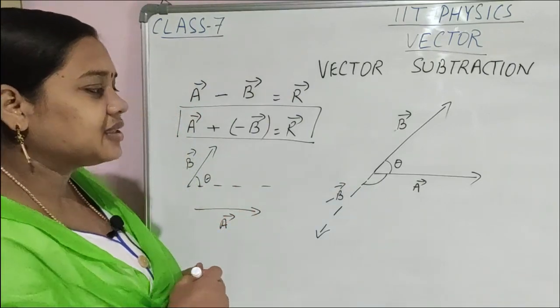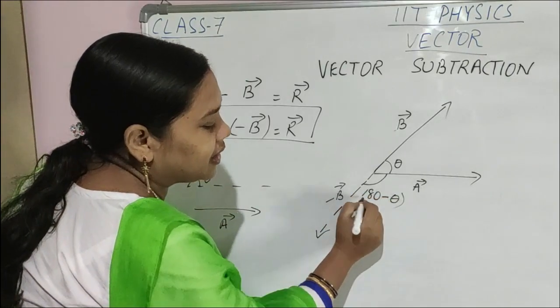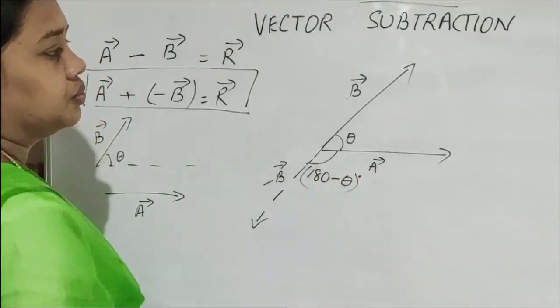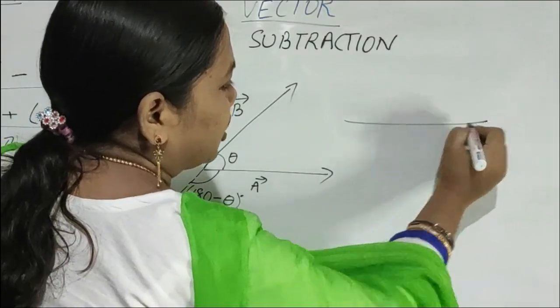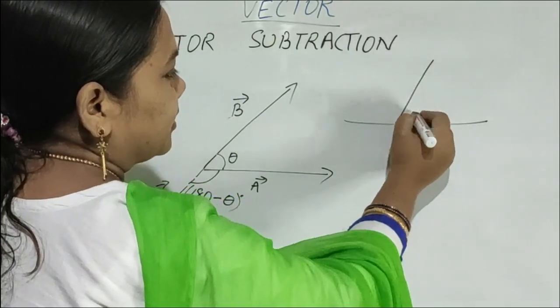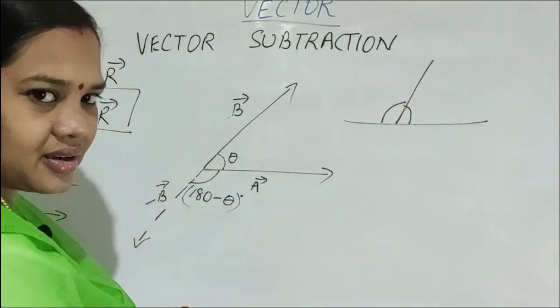How much is this angle? This angle is 180 minus theta. How? See, children, in mathematics, suppose this is a straight line and these are the angles on the straight line.